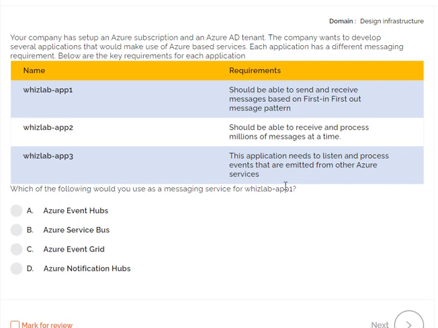For app 1, we are asking about the first in first out message pattern, and we have these answers. So what will be the correct answer? I will request you, not only for this question but for the upcoming questions, to pause this video and read the question properly.